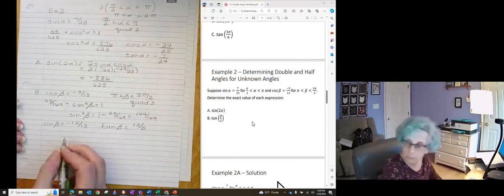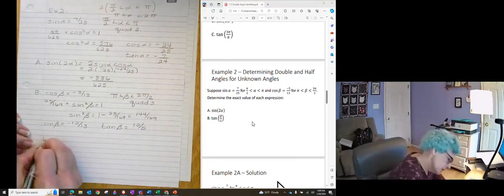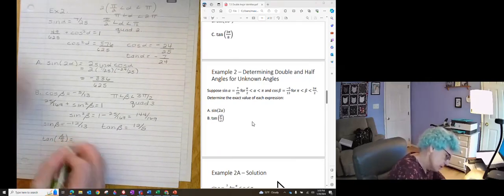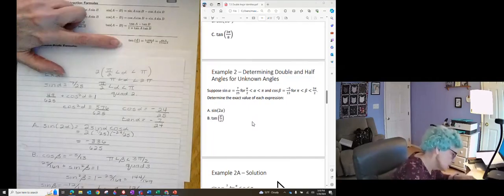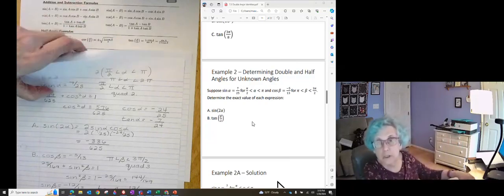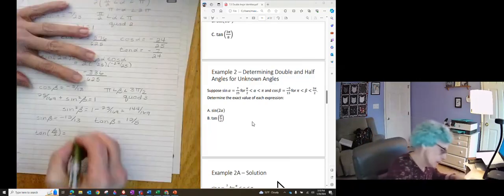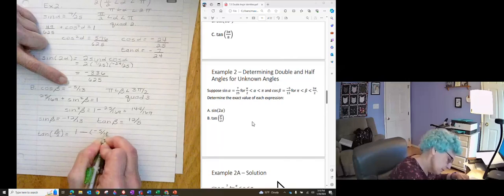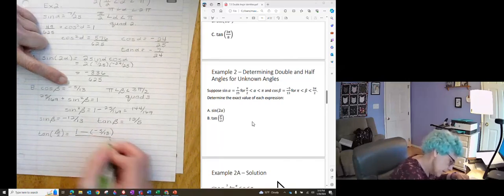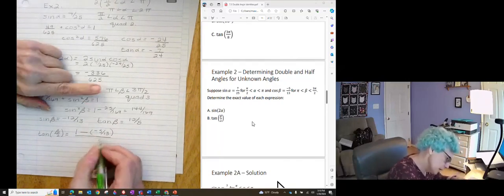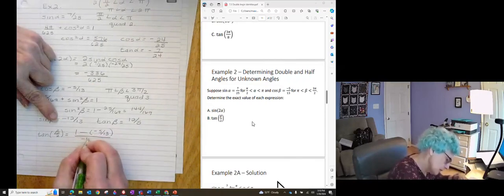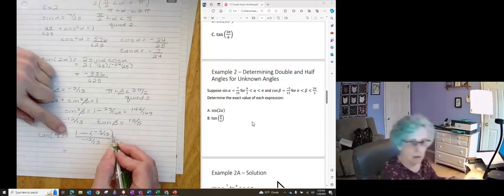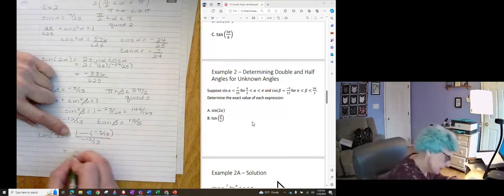The 13s cancel. And I'm really interested in tangent of beta over 2. Tangent of beta over 2 would be 1 minus cosine of beta, minus negative 5 over 13, divided by sine of beta, and sine of beta was negative 12 over 13. So I'll multiply numerator and denominator by 13.